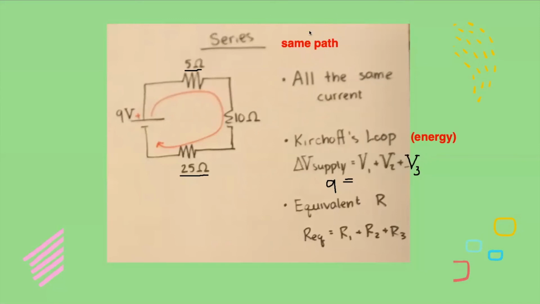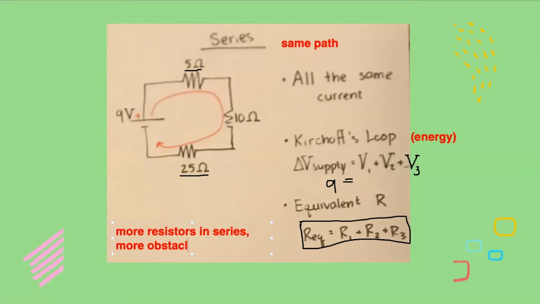So then today we added on equivalent resistance in series. For equivalent resistance in series, adding more resistors in series is like adding more obstacles for the circuit.